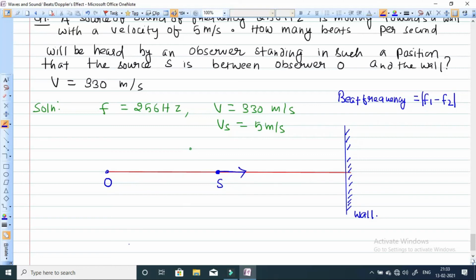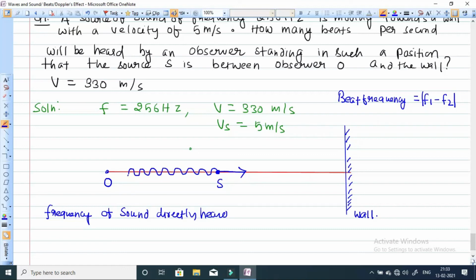So the first case we can calculate is the frequency of sound directly heard. It means the source is moving and emitting the sound wave, and it is reaching the observer.